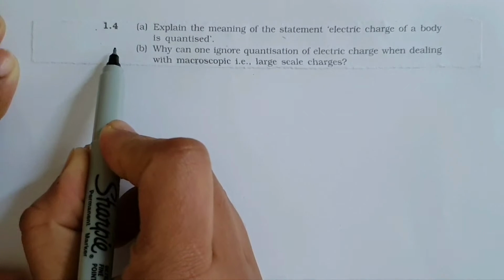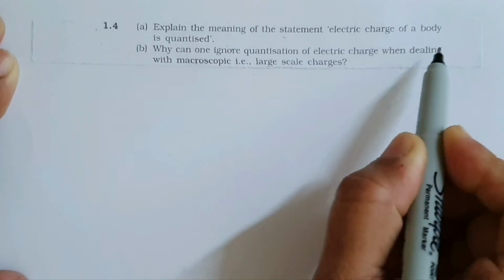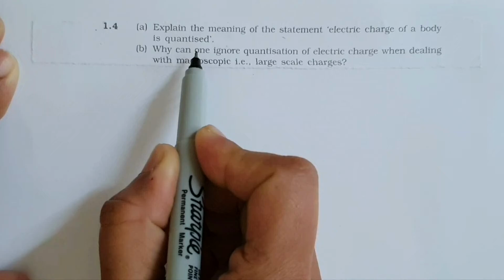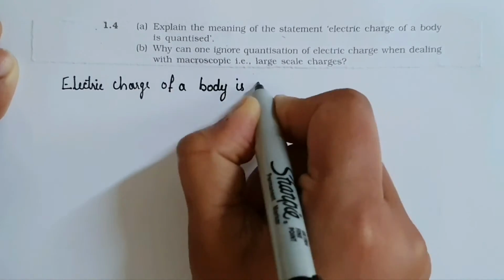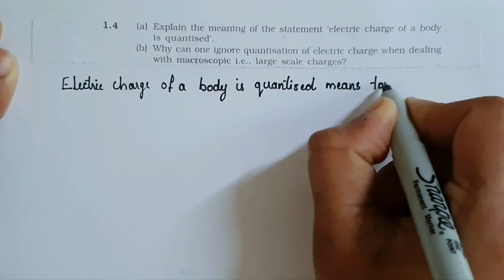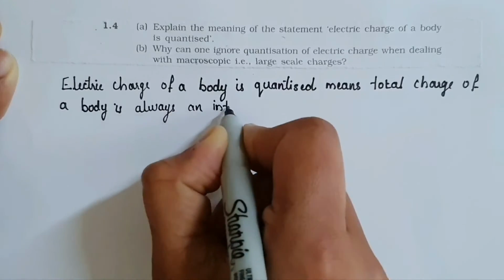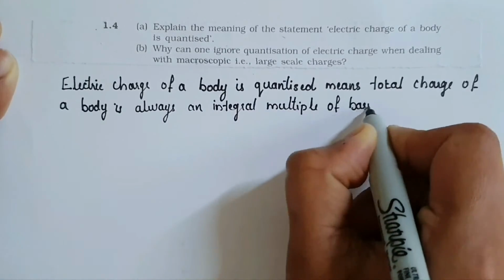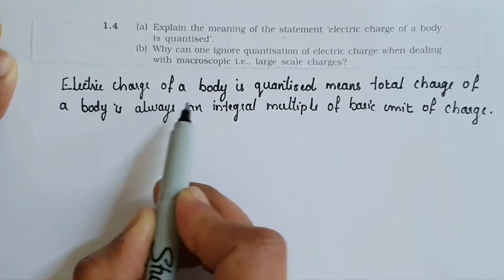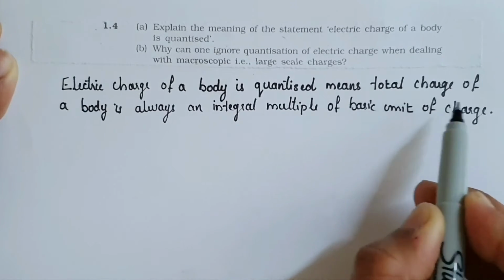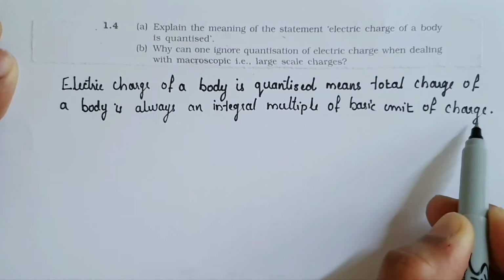Question number 4. Explain the meaning of the statement, electric charge of a body is quantized. Electric charge of a body is quantized means the total charge of a body is always an integral multiple of the basic unit of charge.